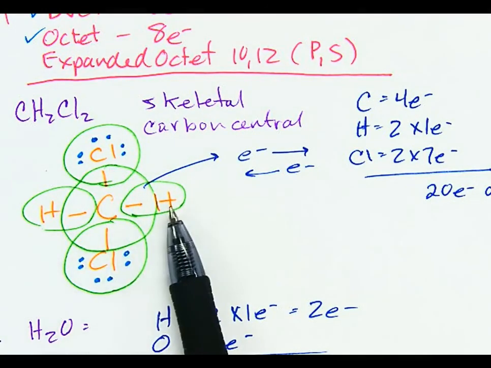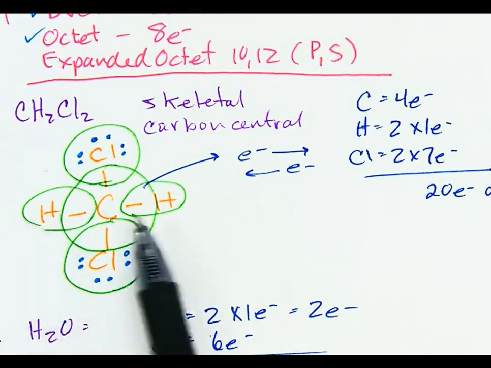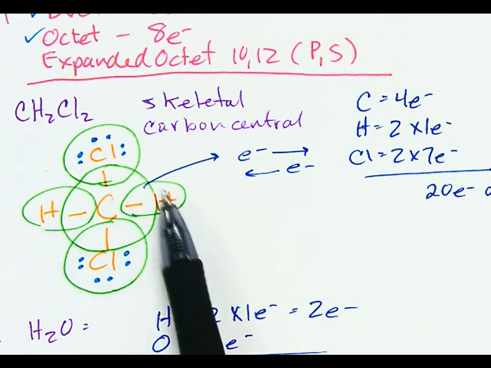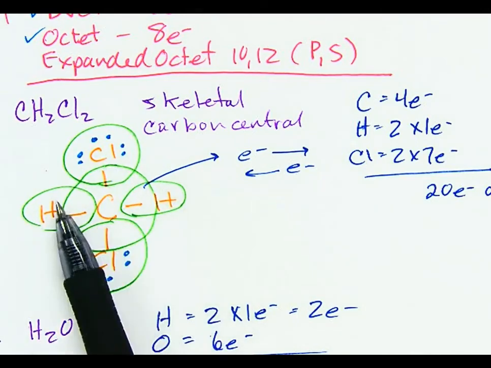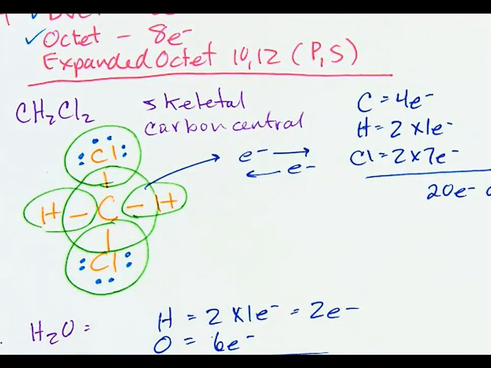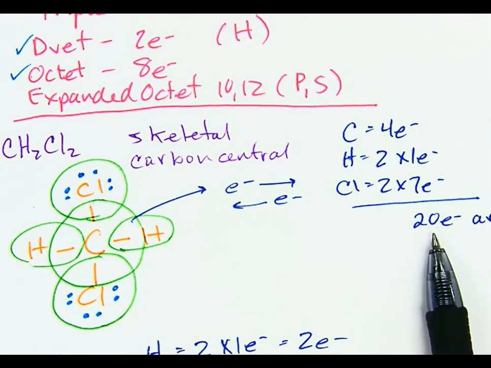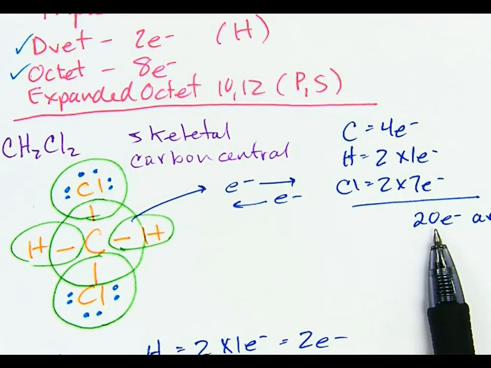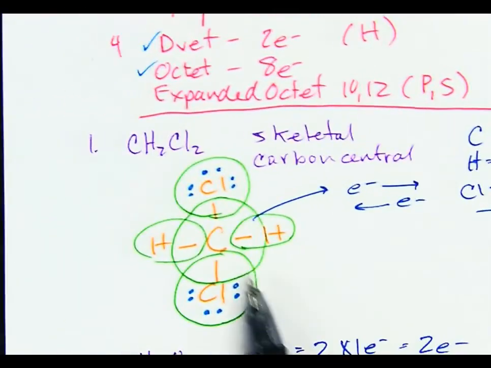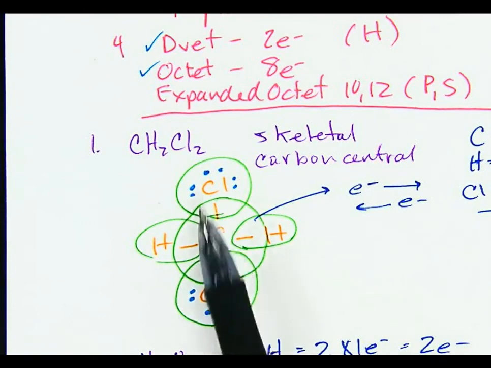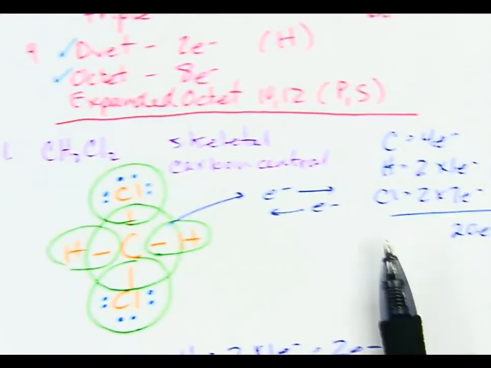Remember that hydrogen is unique, that it has 2 electrons and then it's filled. But most everybody else has 8, and we're going to change that a little bit in the next video. Once you're done, your goal is to get up to the total number of electrons you counted. And so once you count all those single bonds, you then add up until you get to your goal.